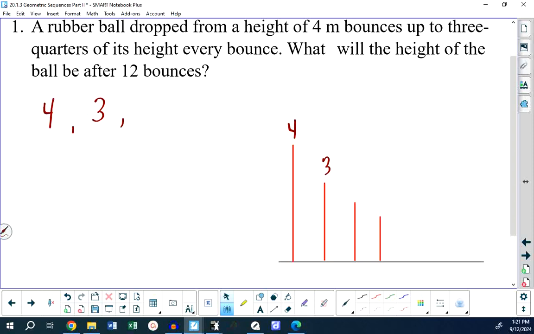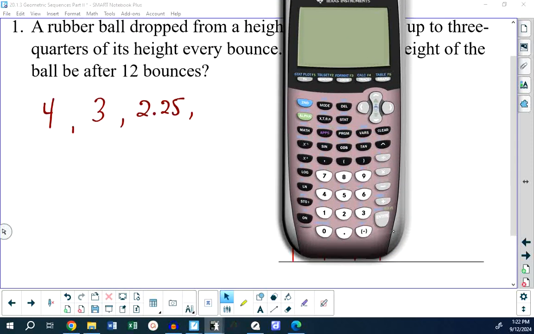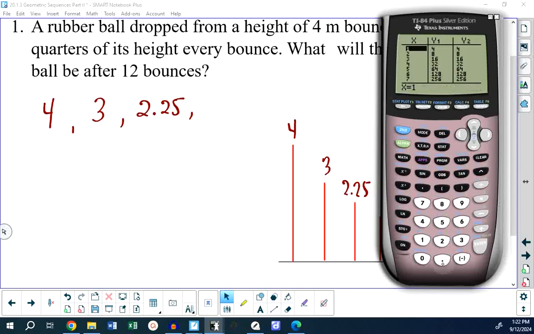I get 2.25 meters. And I'm not going to worry about the fourth height, because I just want to establish everybody. Well, I guess maybe we can. 1.6875.